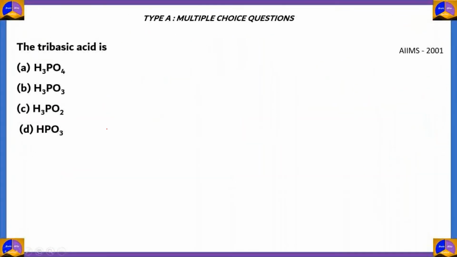Let's move on to our next question. Which of these is a tribasic acid? Is it A, orthophosphoric acid, B, phosphorus acid, C, hypophosphorus acid, or is it D, metaphosphoric acid? Well, in order to understand the concept of tribasic, let's discuss it in some detail.